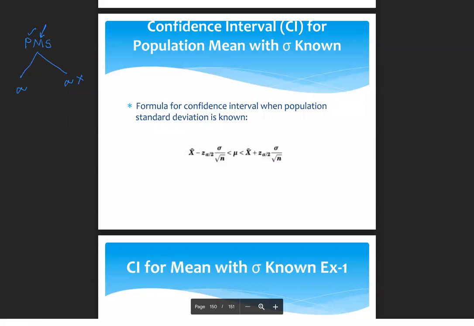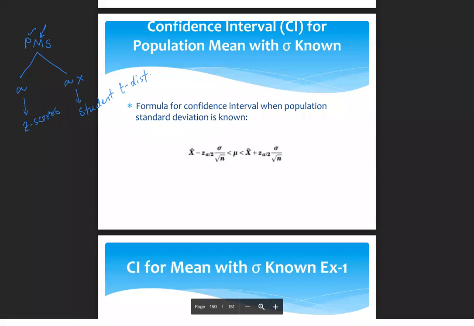When you know sigma, you use the z-scores formula, like the ones we have been using. When you do not know, however, you use the student distribution.